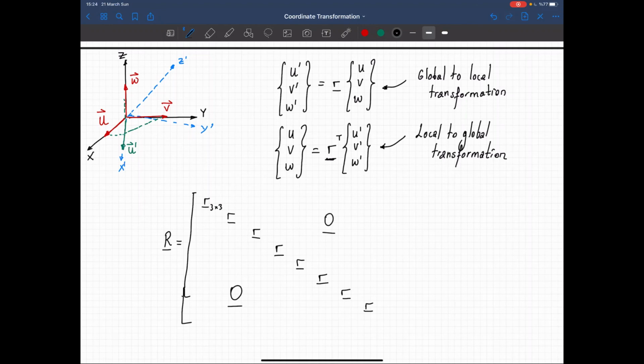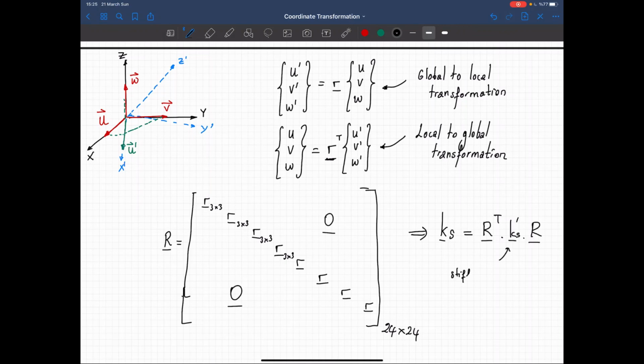These are all 3 by 3, and so on. Your rotation matrix will be 24 by 24, and your stiffness matrix in the global coordinate system will be equal to R transpose times K times R. This is the stiffness matrix in the local coordinate system, and that's the stiffness matrix in the global coordinate system.